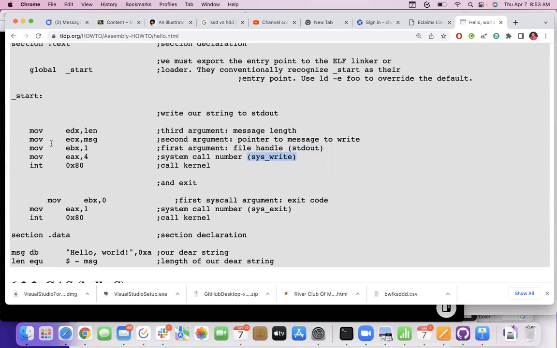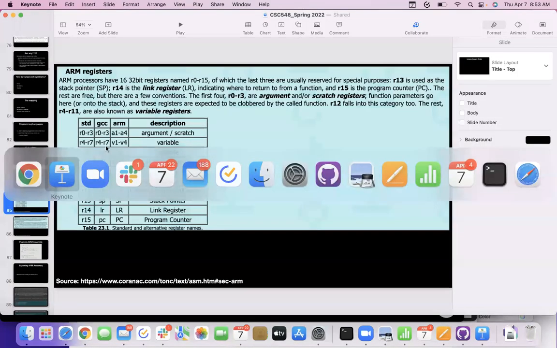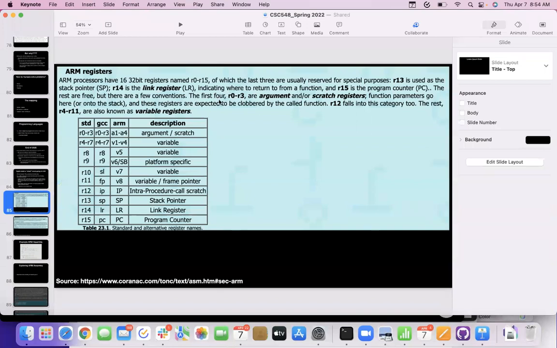Okay, so effectively what I've done here is load 4 different values, seemingly for no good reason, into these 4 different registers, just like the first 4 registers, R0 through R3, are for arguments being passed to functions.